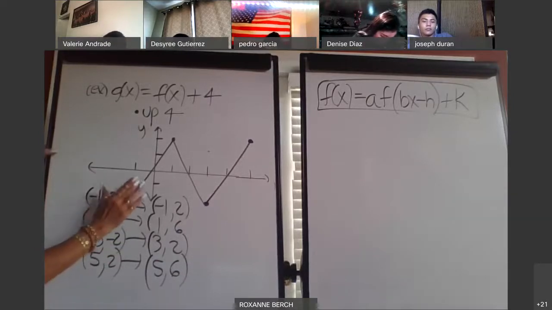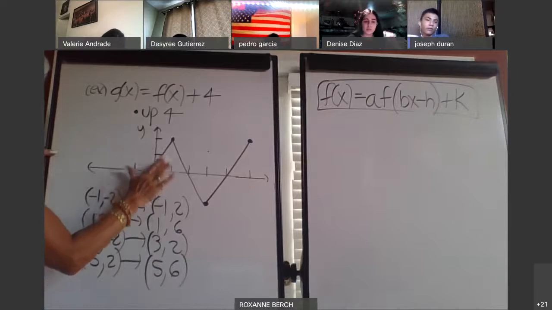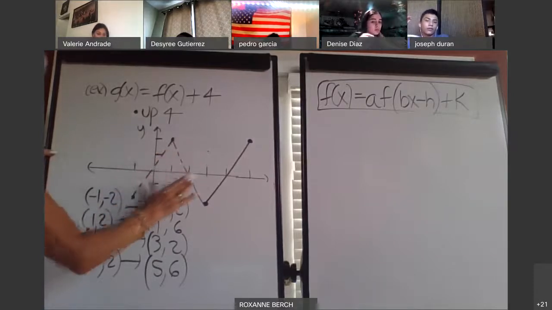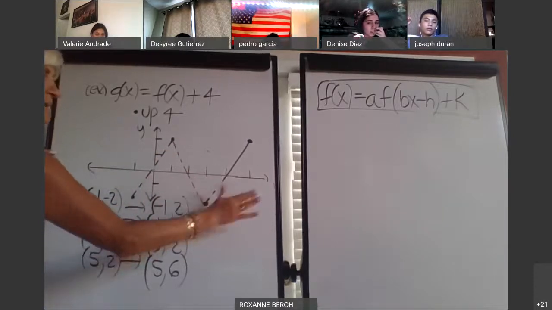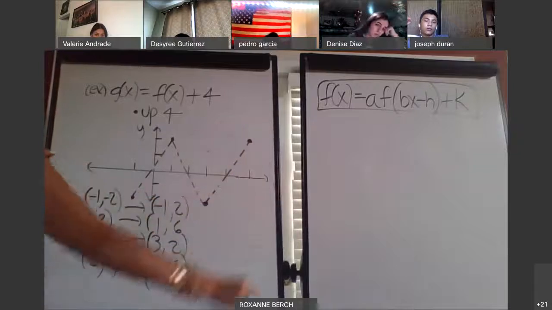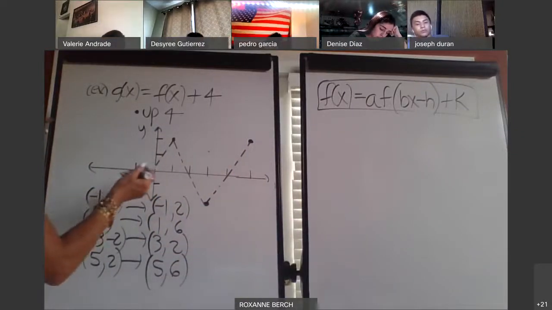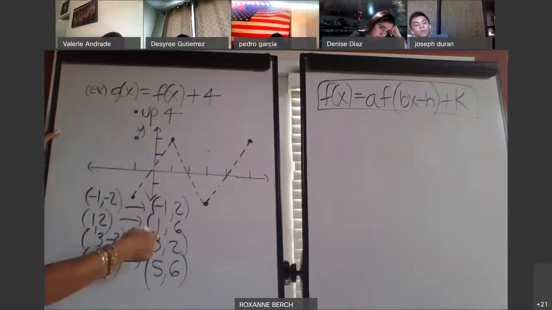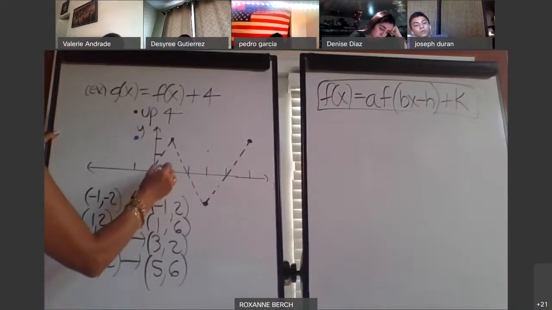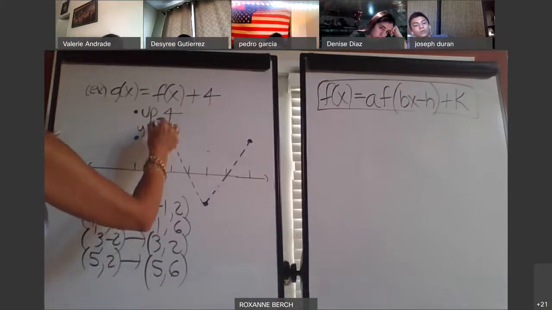Now, what you're going to do is you're going to make this parent dotted because he's not really there. We're just using him to help us out. So it's dotted, which means it's really not there. And we're going to go left 1 up 2, right 1 up 6. It's right up here somewhere.